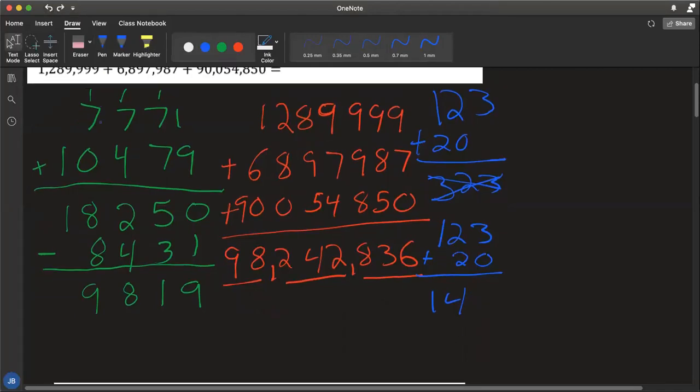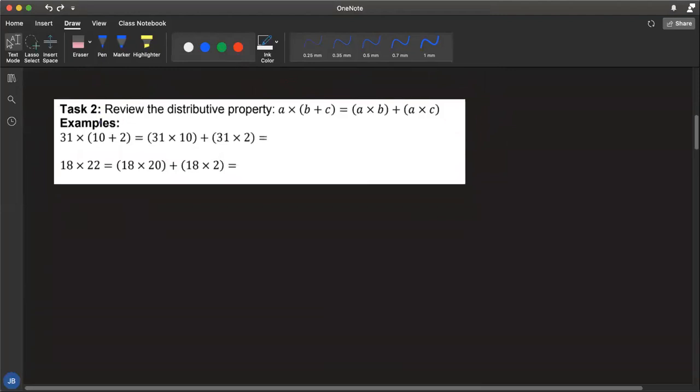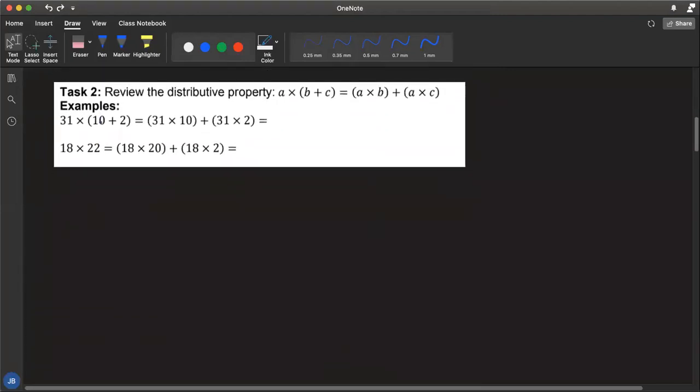All right, so now we'll go on, and we're going to go over the distributive property. Can you raise your hand if you've seen the distributive property before? 1, 2, 3, 4. Okay, so a few people. Awesome. So how the distributive property works is right here. When we have A times B plus C, we can write it out as A times B plus A times C, right?